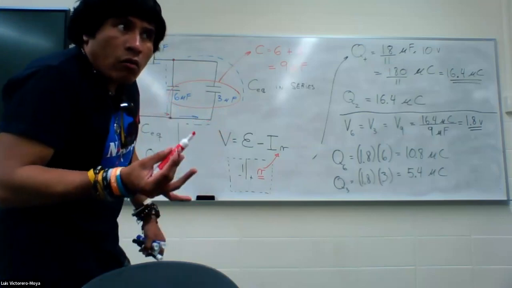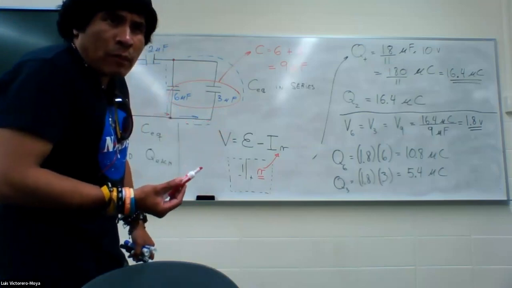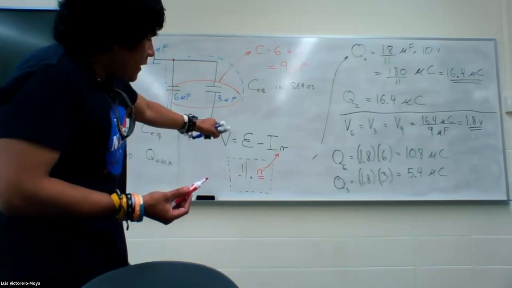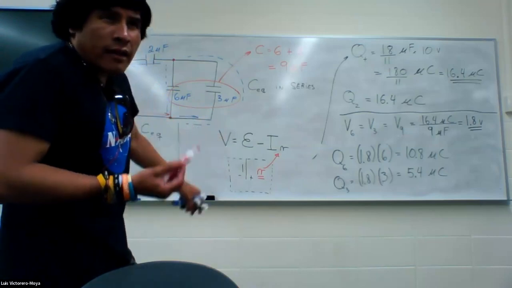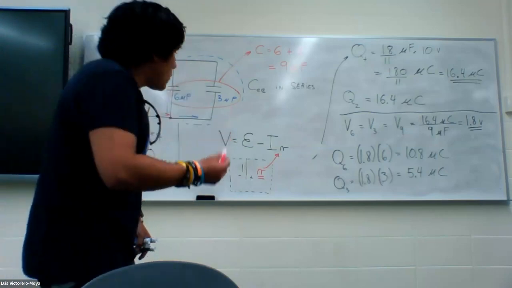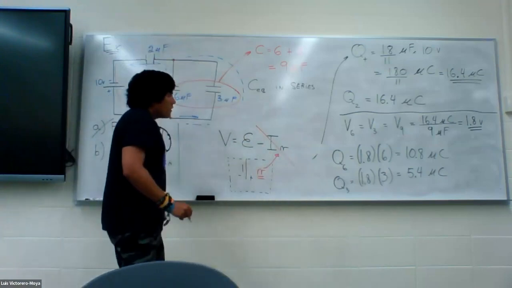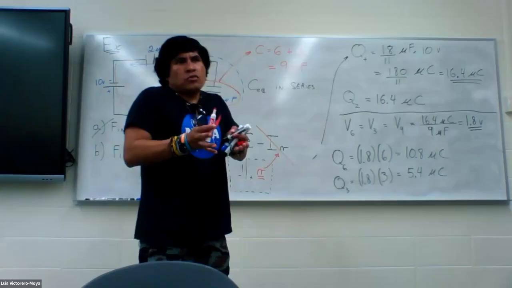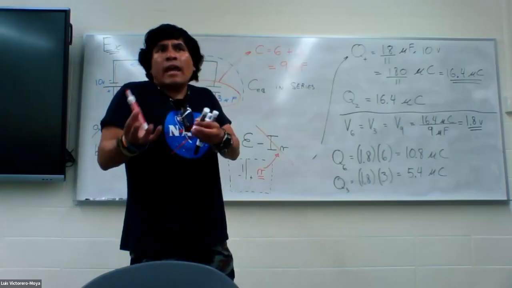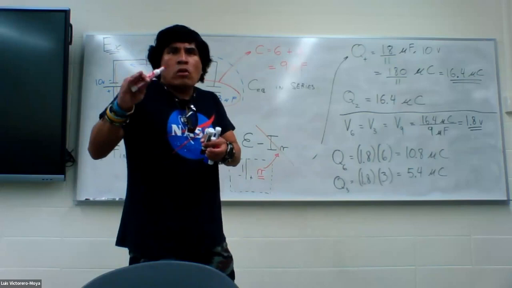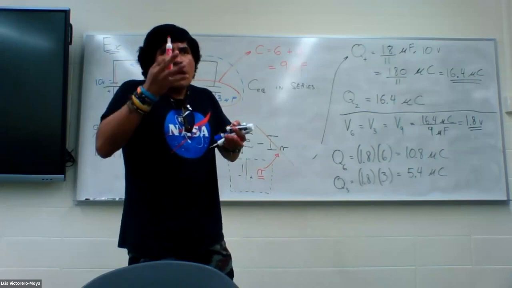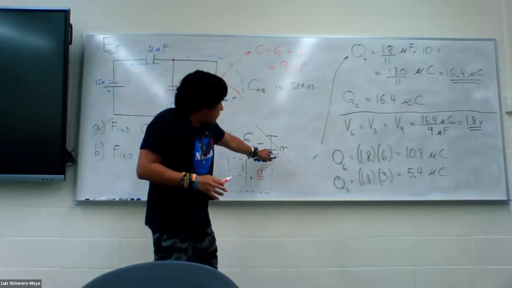Now, depending on the specification of the power supply or the battery, normally the value of little r is very small, so small that it can be negligible. That's why, if a battery is 9 volts and you use a voltmeter and you read 8.8 or 8.9 volts, that is because of this.